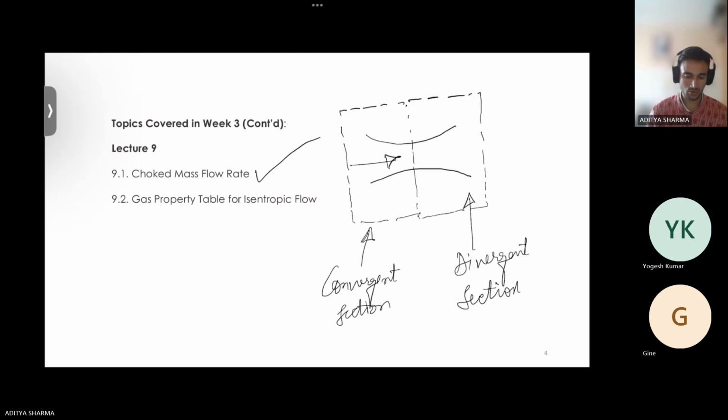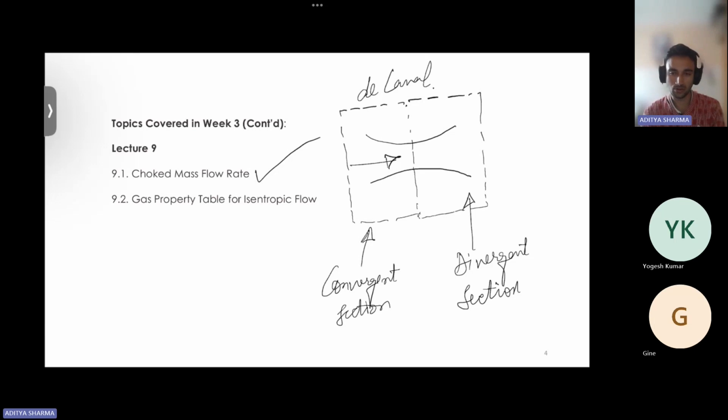So, choked mass flow rate. Mass flow rate in choked conditions is also the maximum mass flow rate that is possible when we are using such a convergent divergent nozzle, which is also known as de Laval nozzle.